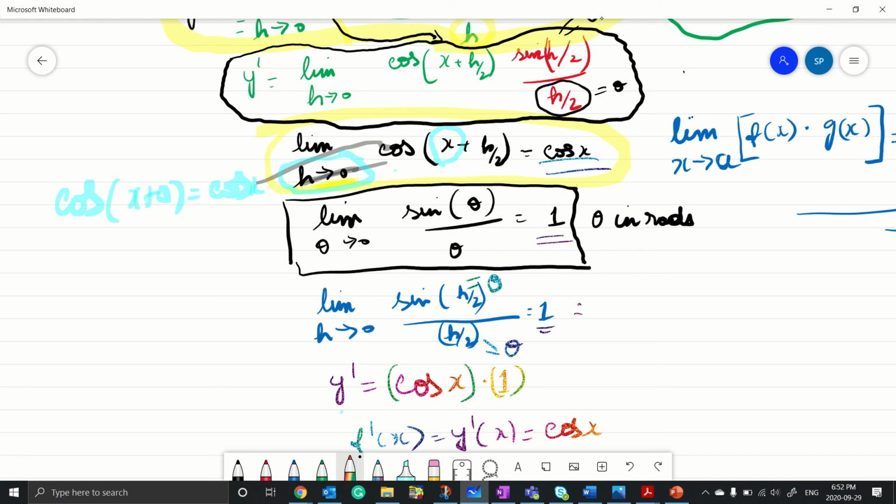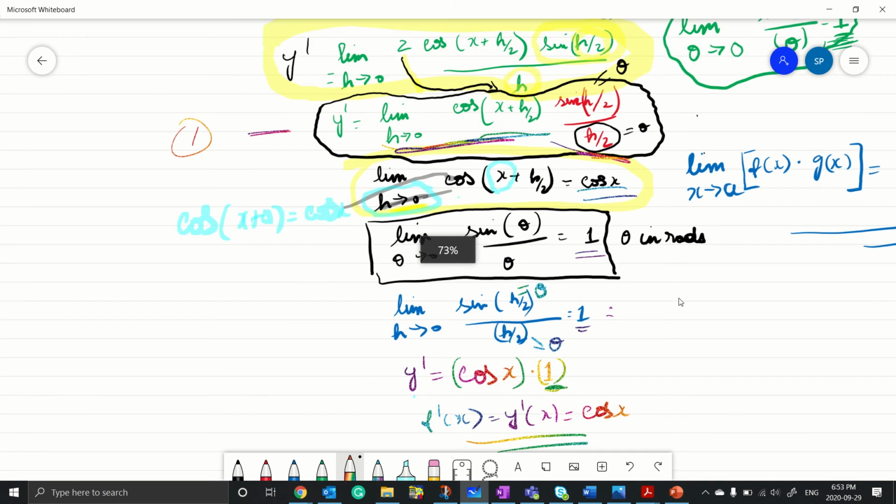Substituting everything back in this equation, let us call this 1, the value of this limit is cos x, and the value of this limit is 1, and you get y dash of x is equal to cos x.